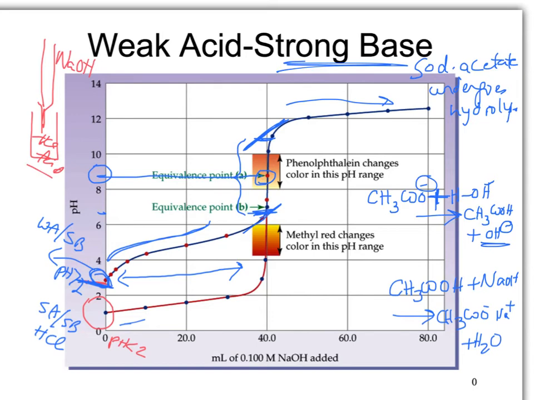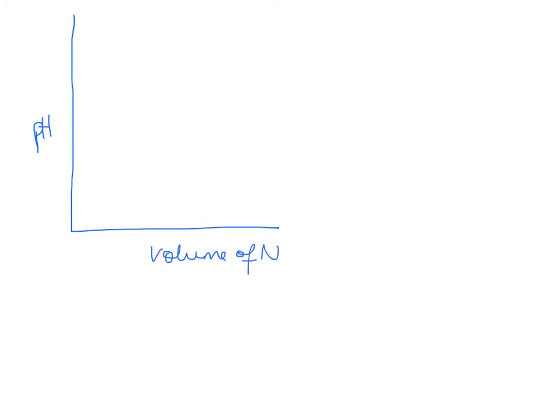So just to give you a flavor, we have the pH versus the volume of sodium hydroxide that is being added, which has been done in milliliters. And we go from 0 to maybe 100.